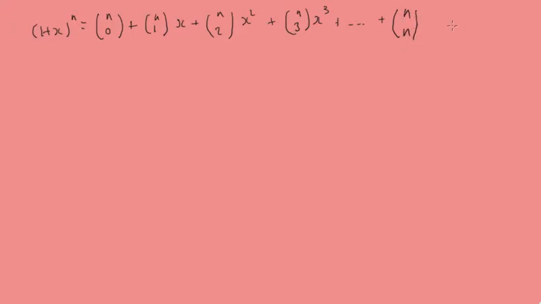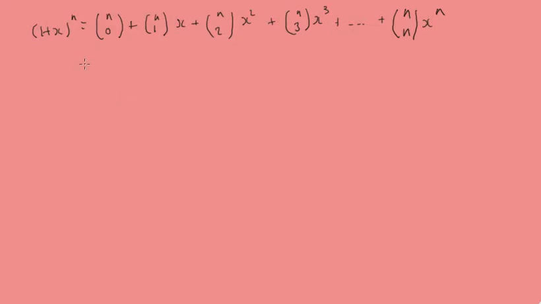We would do nC0 + nC1 x + nC2 x squared + nC3 x cubed, all the way up to nCn x^n.